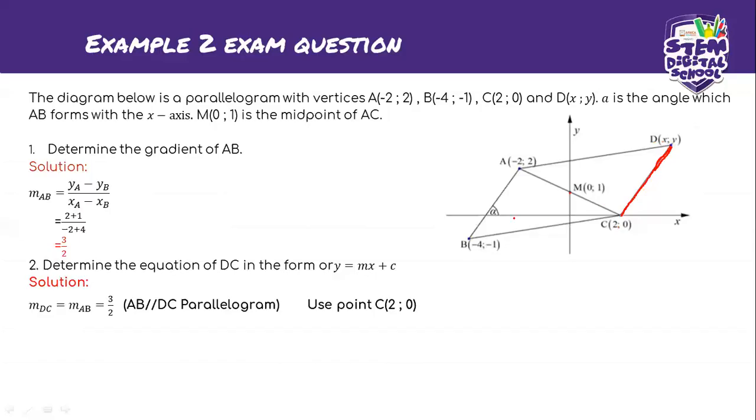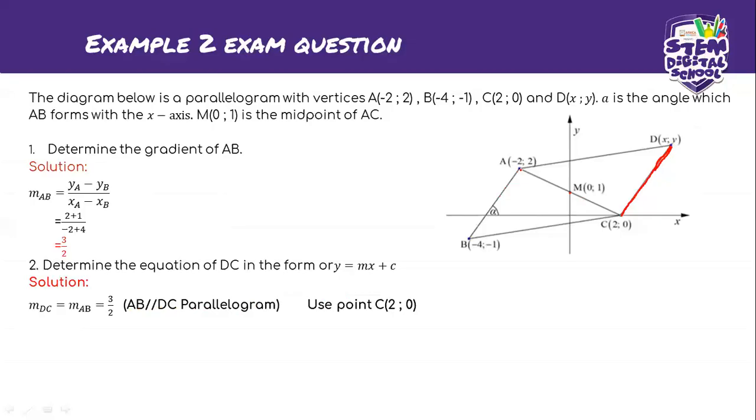Now, since we have a parallelogram, we know from the properties of a parallelogram that the opposite sides are parallel, right? Here they say AB is parallel to DC, meaning two parallel lines are equal in terms of gradient.